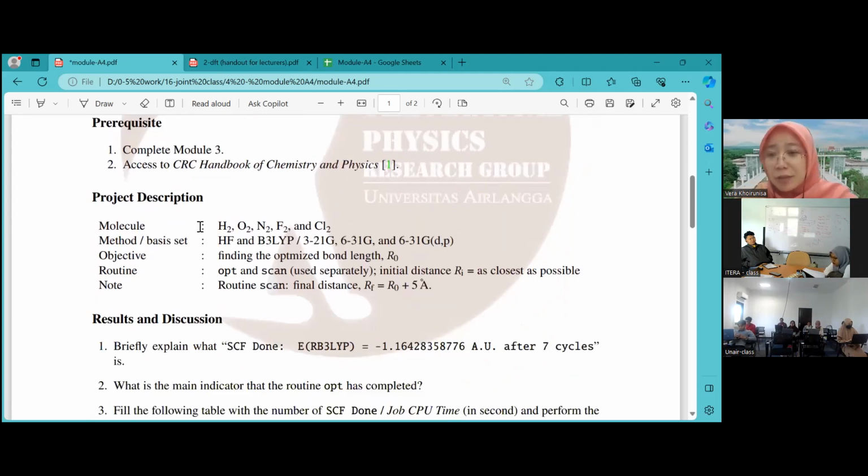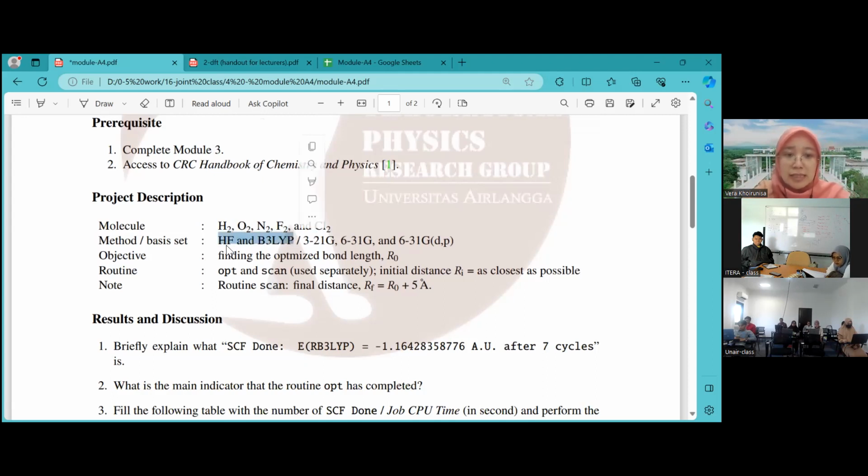So how many molecules will you have to calculate? There are 5 homonuclear diatomic molecules. The first one is the H2 molecule. The second one is the O2 molecule. The third one is N2, and then F2 and Cl2. So you have 5 molecules in your project description. And then we will use 2 methods.